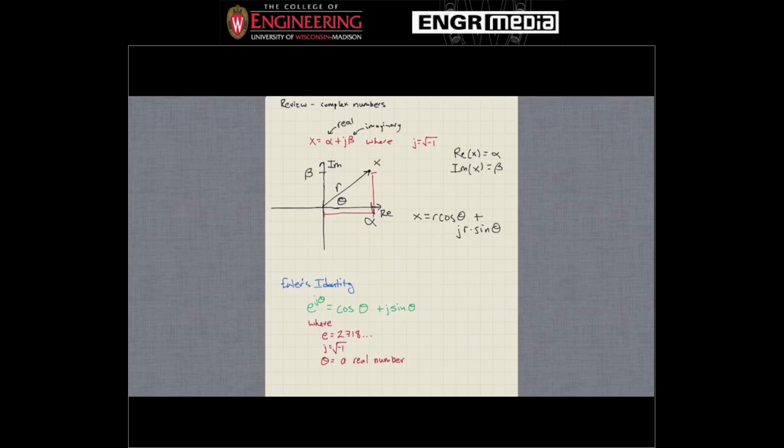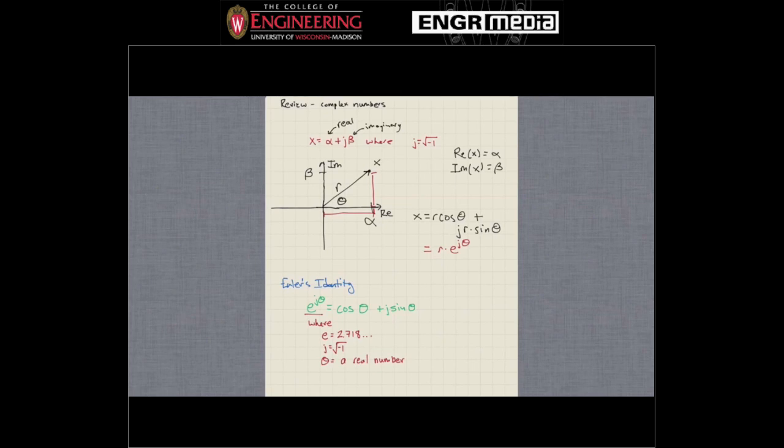Notice how we can now write the number x using Euler's identity in terms of complex exponentials. Just comparing these things, it should be pretty obvious that x is also equal to r times e to the j theta. So x equals r e to the j theta.